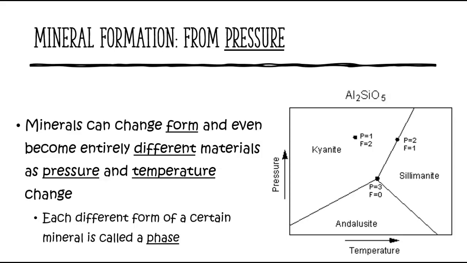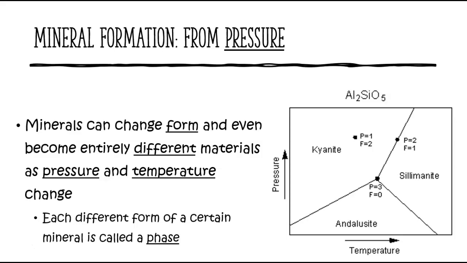So, for instance, we've got here what's called a phase diagram for a mineral. The mineral is Al, which is aluminum, Si, which is silicon. Aluminum, silicon, and oxygen. So Al2SiO5.